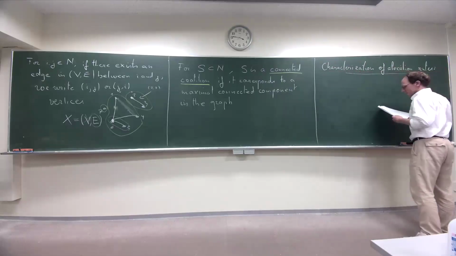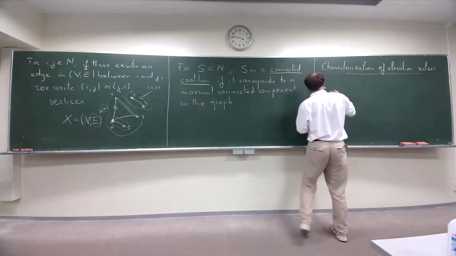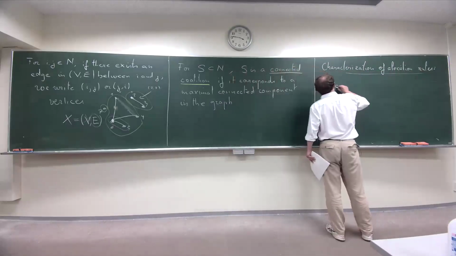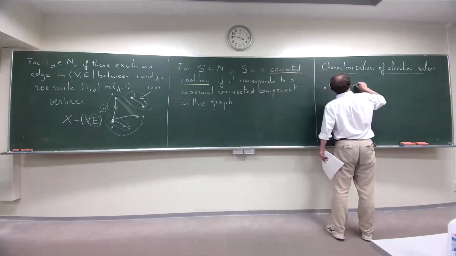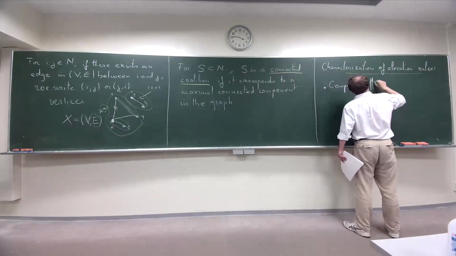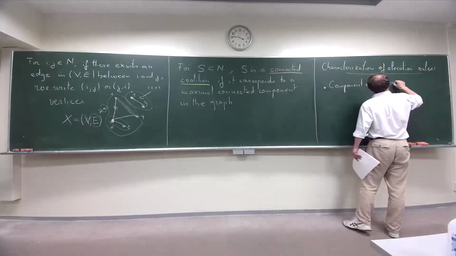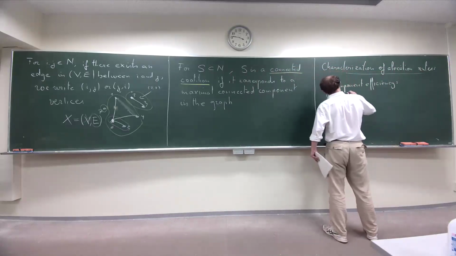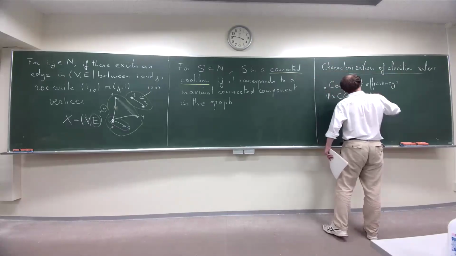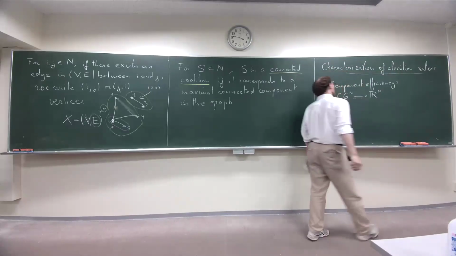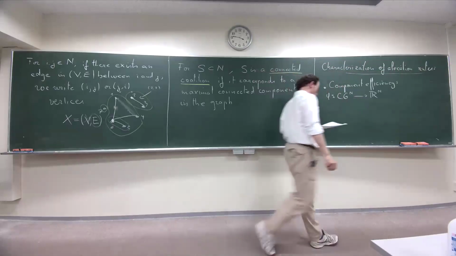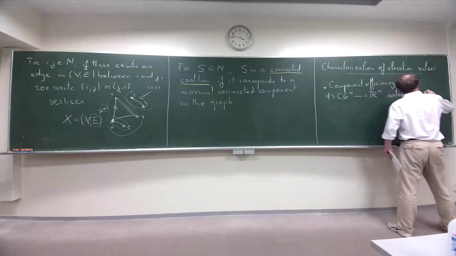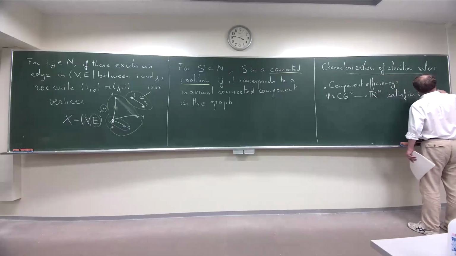I've presented several over the last 2 or 3 weeks. So the first one is called component efficiency. A phi which goes from CG of n to Rn satisfies what is called CEFF.